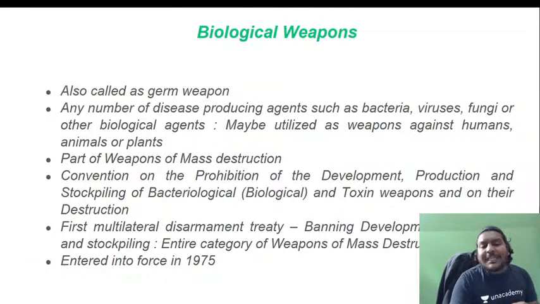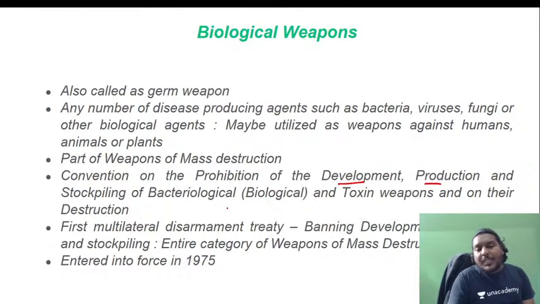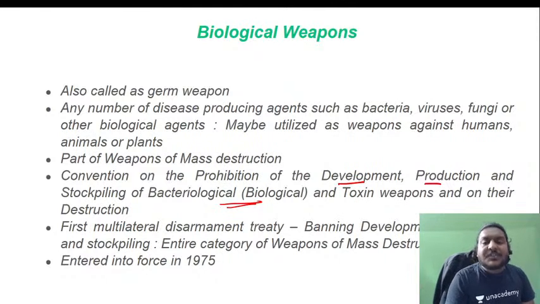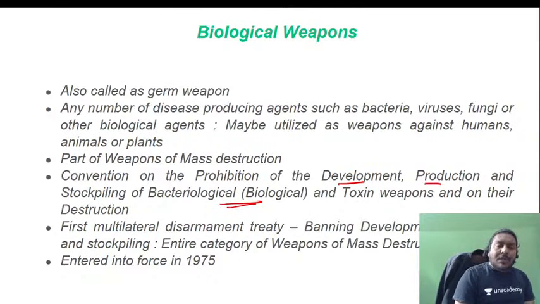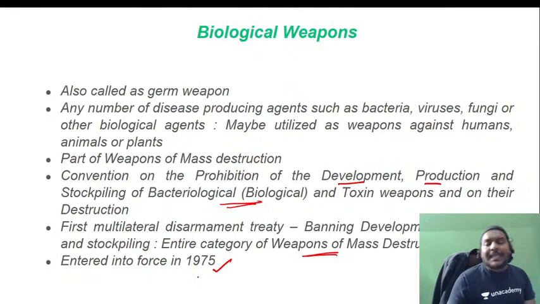And we also do have a convention called the Convention on the Prohibition of the Development, Production and Stockpiling of Bacteriological and Toxin Weapons and on their Destruction. And perhaps this is the first treaty which has banned the development, production and stockpiling of an entire category of weapons of mass destruction, which came into force in the year 1975.